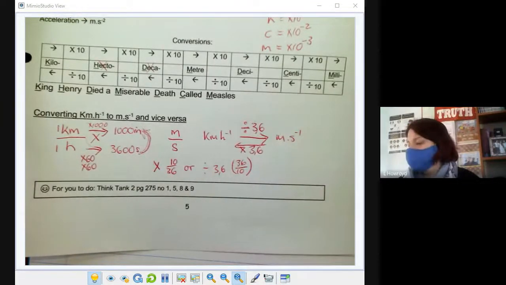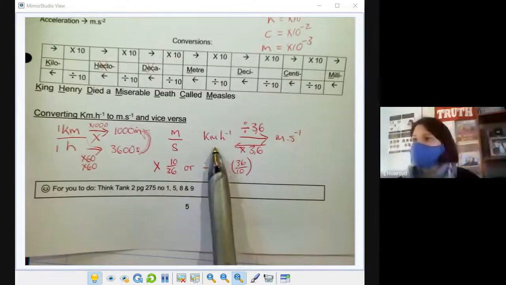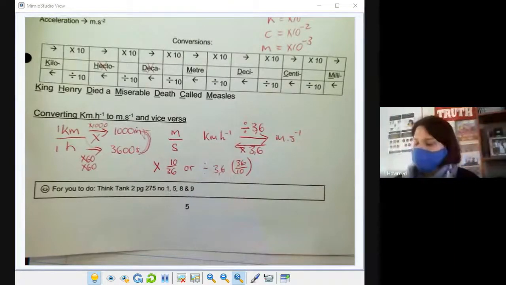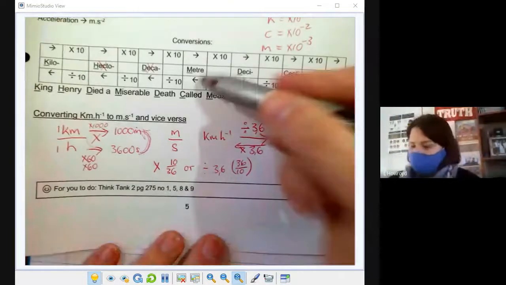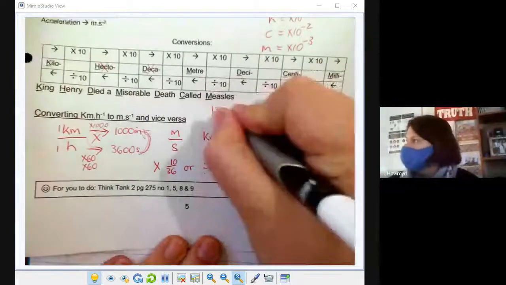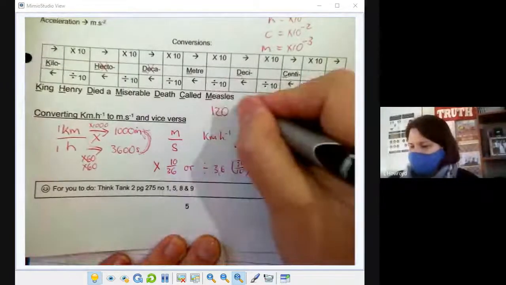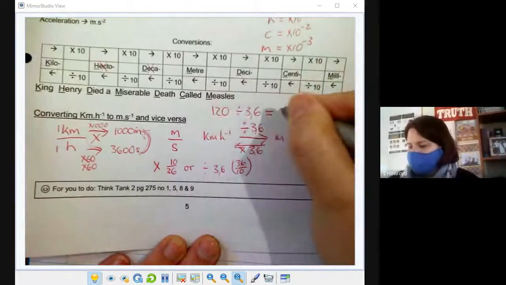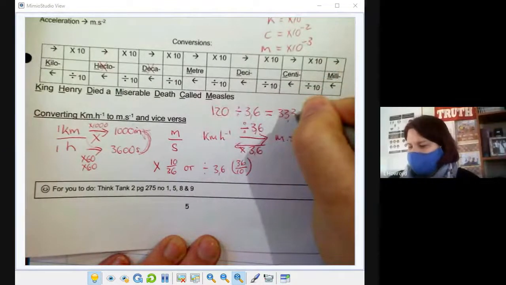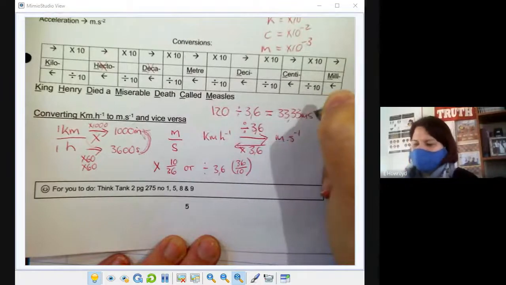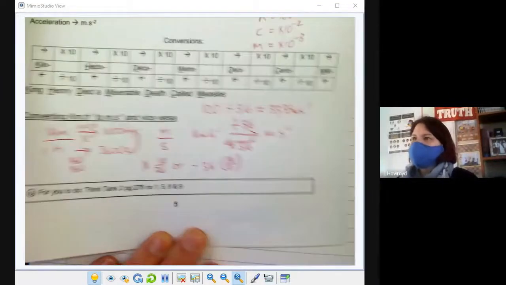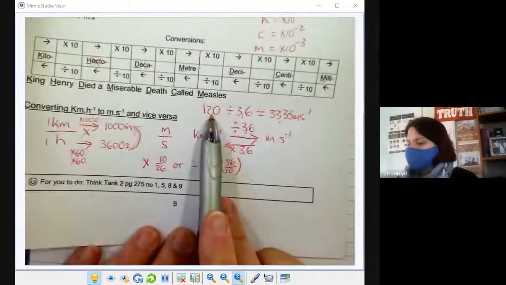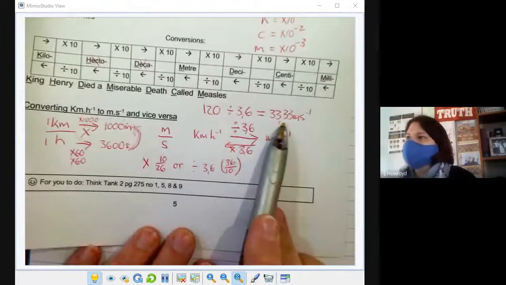So if I give you, I traveled 120 kilometers per hour on the highway. Let's have a look at the limit on the highway. So 120 divided by 3.6 gives 33.33 meters per second. So 120 kilometers per hour is the same as saying 33.33 meters per second.